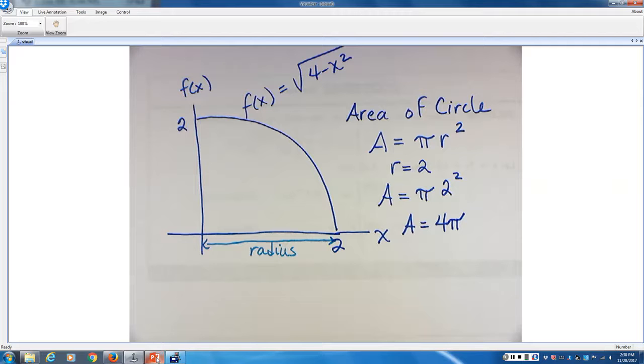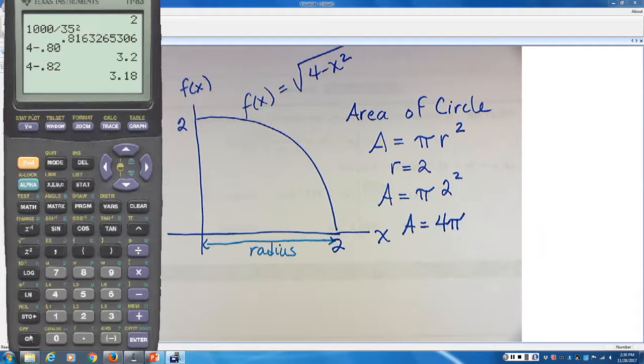exactly 4 pi, but since we'd like to have a decimal approximation we can use to compare later, there's pi times 2 squared, which is 12.56637.